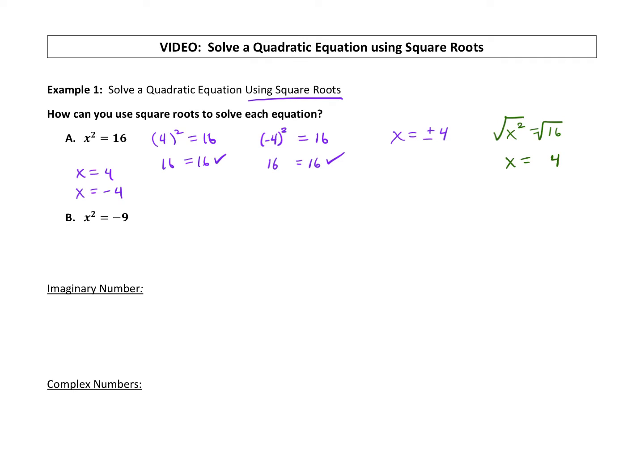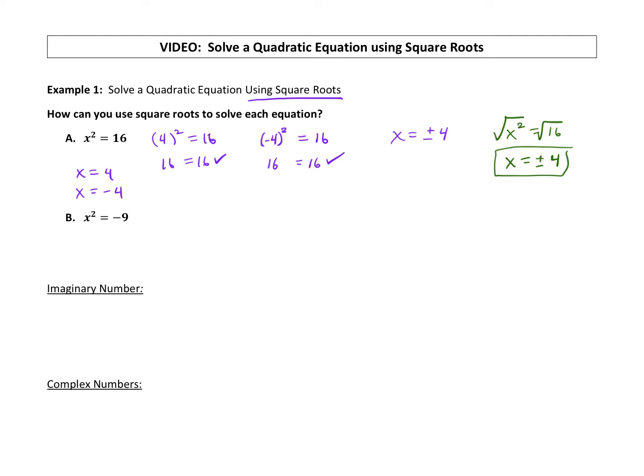When we solve using square roots, we have to remember that there are two possible answers. There's the positive 4 and the negative 4 that we could square, and that will result in that positive 16. So we do have to remember to include the plus or minus to get x equals plus or minus 4.